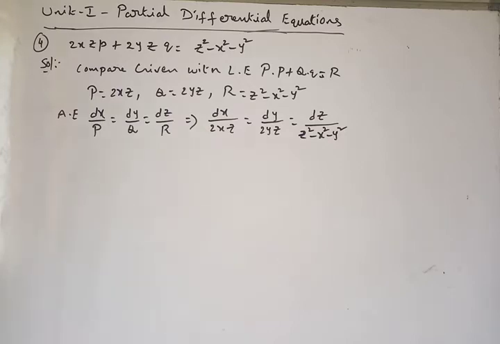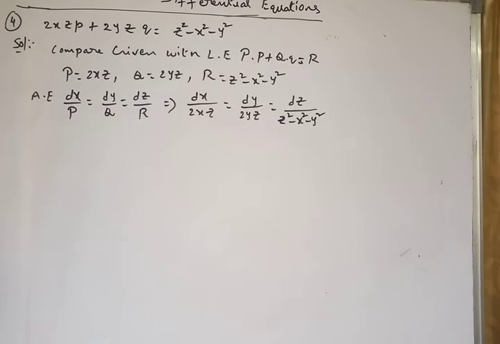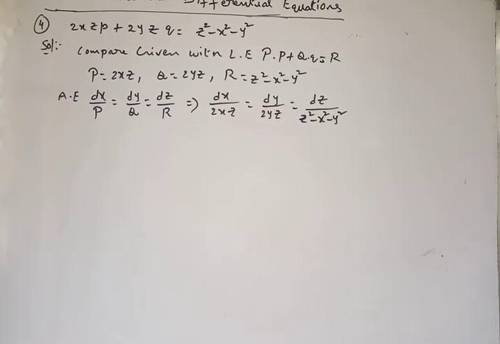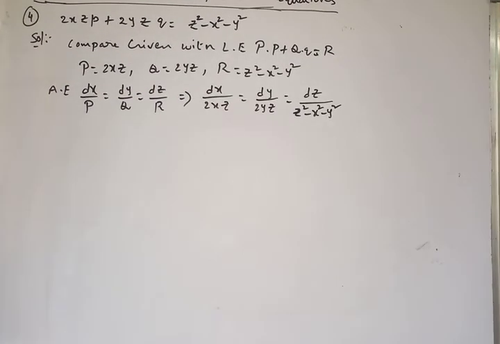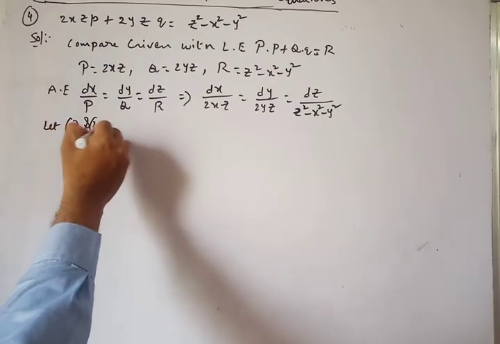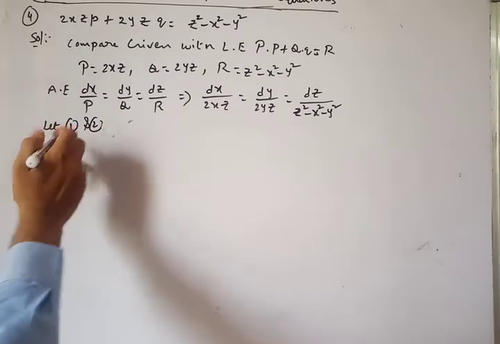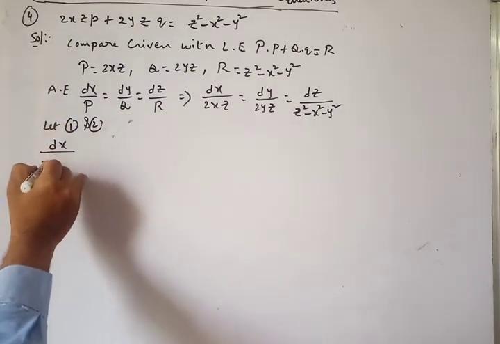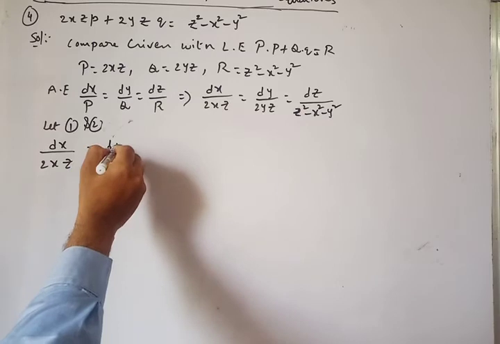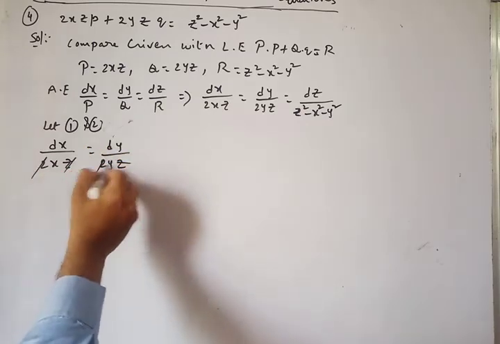Now what we have to do, you need to take any two equations and solve for C1 and C2. So I am taking the first and second. dx by 2xz is equal to dy by 2yz, correct? So 2z got cancelled.